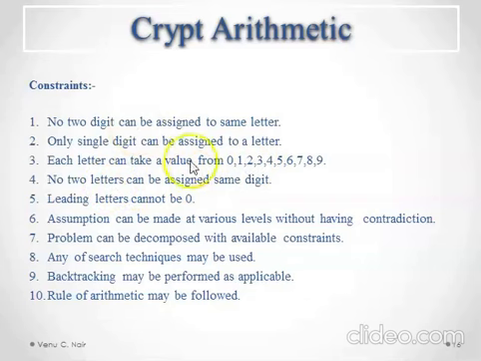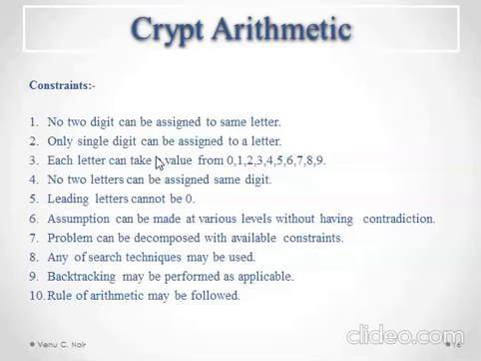No two letters can be assigned the same digit. That we have seen. Leading letters cannot be 0. Suppose we are having a 3-digit number. It cannot be stated as 0 to 5, because the equivalent is 25, which is 2-digit. If we want a 3-digit number, the first digit should not be 0.